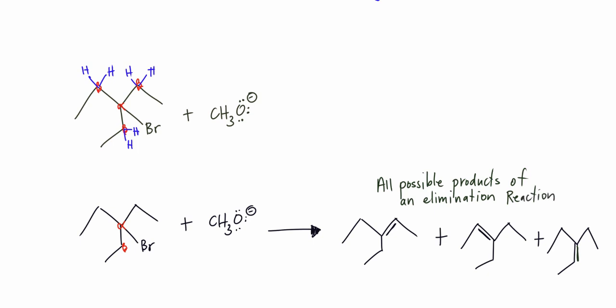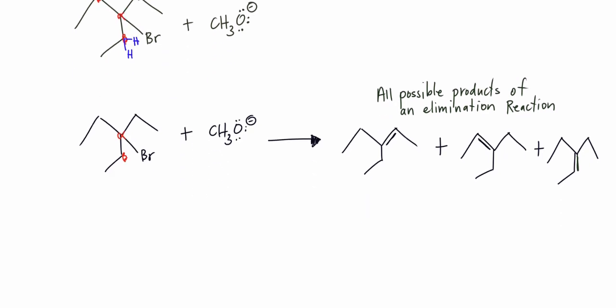Now, of course, there are rules that govern exactly what type of product we're going to get, and which one of these, 1, 2, or 3, is preferred. That we will talk about, but for the most part, we need to be able to recognize what products can be generated from an elimination reaction.